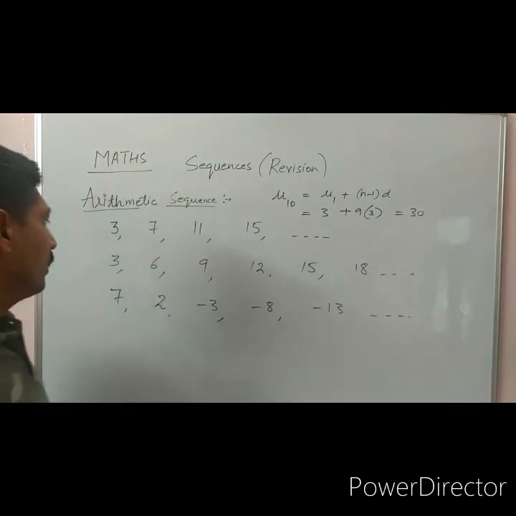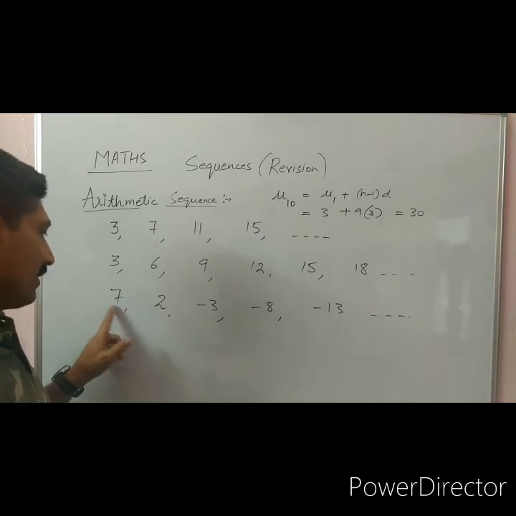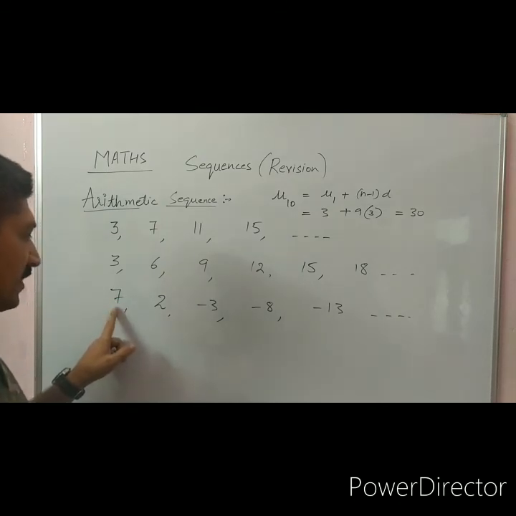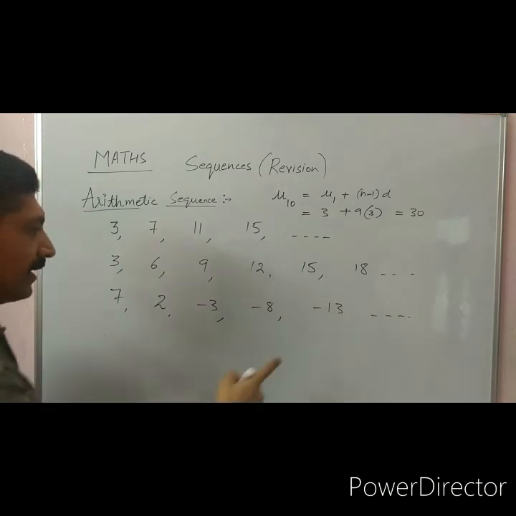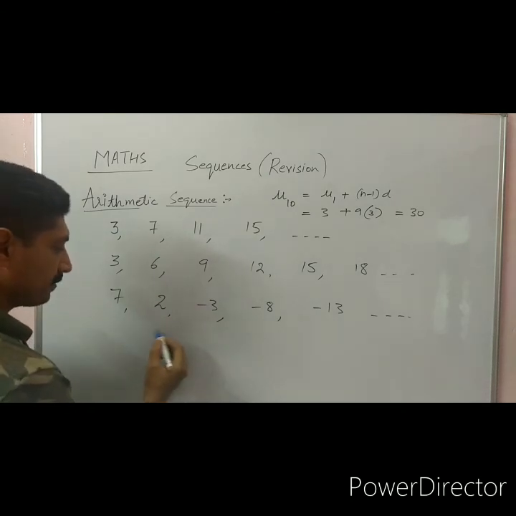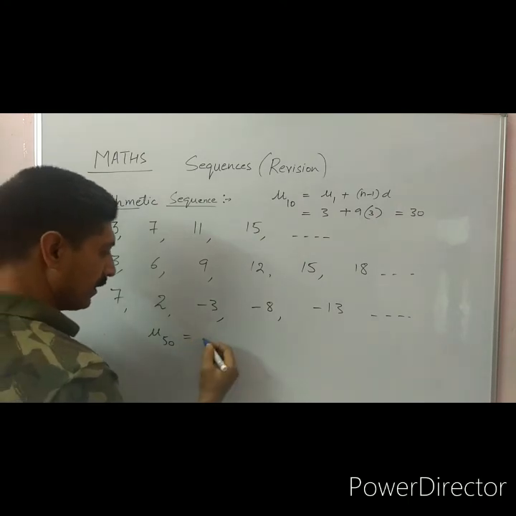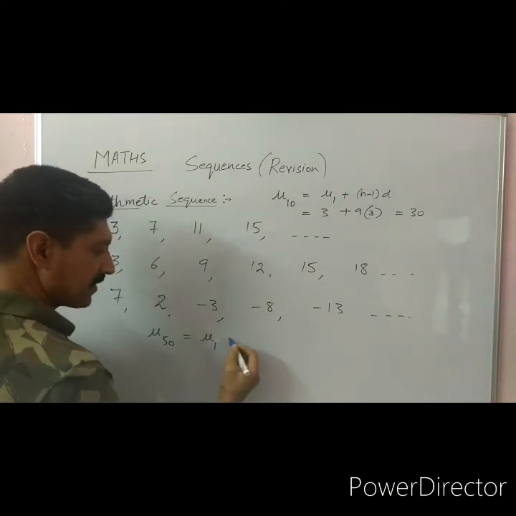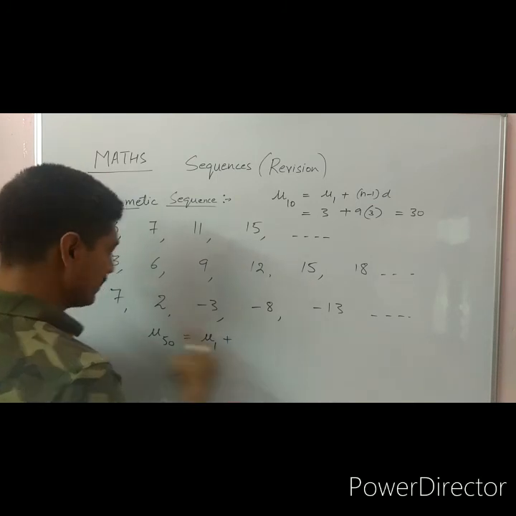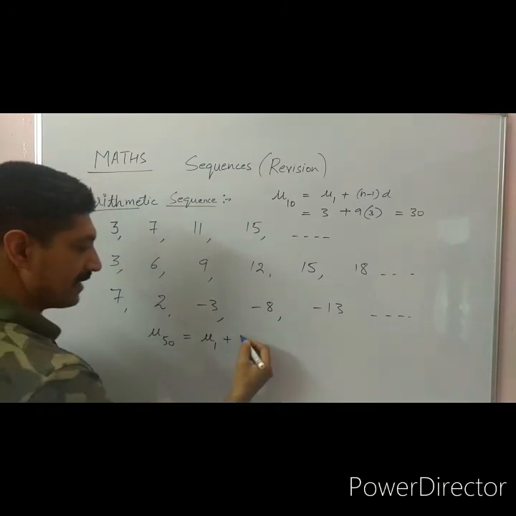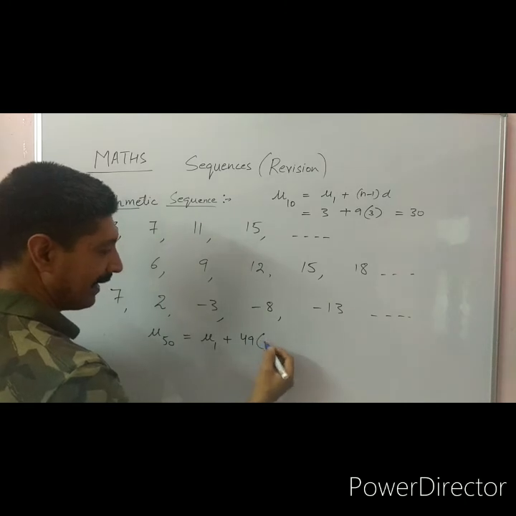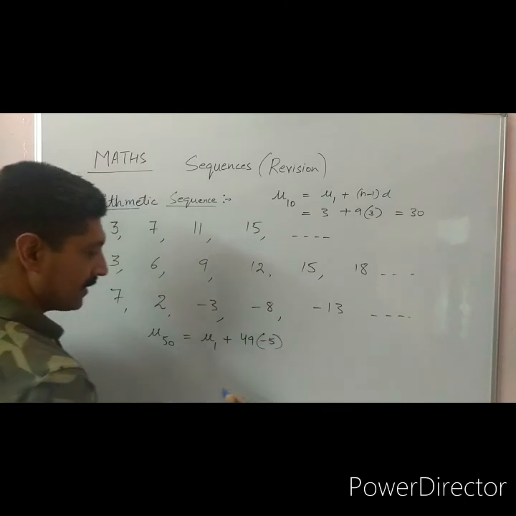If we want to go ahead with the last sequence and find the 50th term of this AP, it is equal to the first term plus n minus 1 times the common difference, where n is 50, so n minus 1 is 49, and the common difference is minus 5.